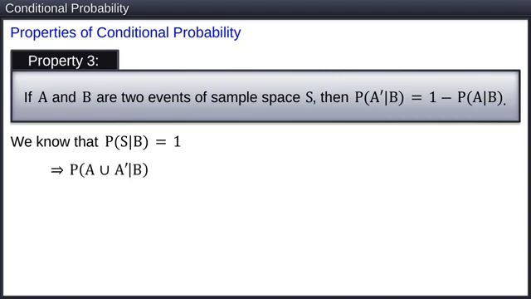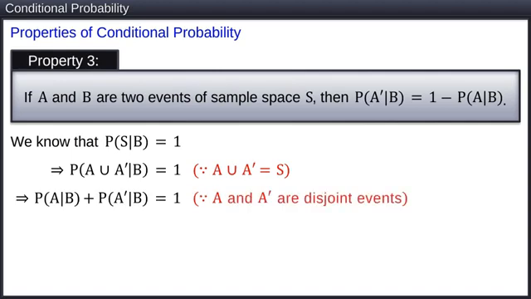This implies the probability of A union A complement given B is equal to 1, since union of A and its complement is equal to S. Events A and A complement are two disjoint events. Thus, we get the probability of A given B plus the probability of A complement given B is equal to 1. Therefore, the probability of A complement given B is equal to 1 minus the probability of A given B.